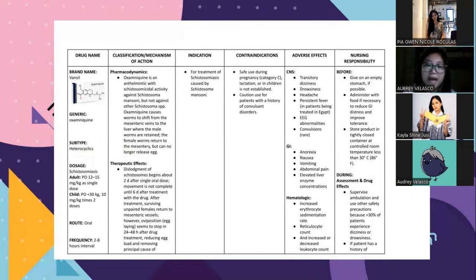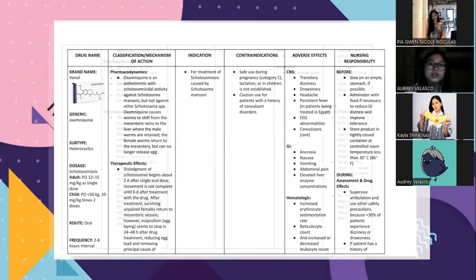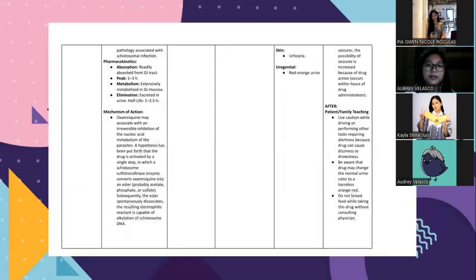After treatment, surviving unpaired females return to mesenteric vessels. However, oviposition, egg laying, seems to stop in 24 to 48 hours after drug treatment, reducing egg load and removing the principal cause of pathology associated with schistosomal infection.